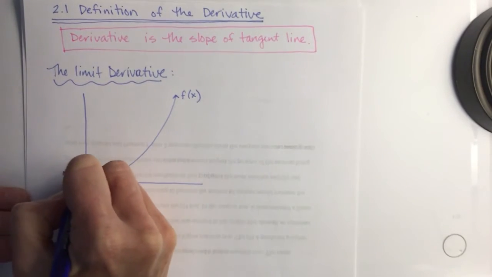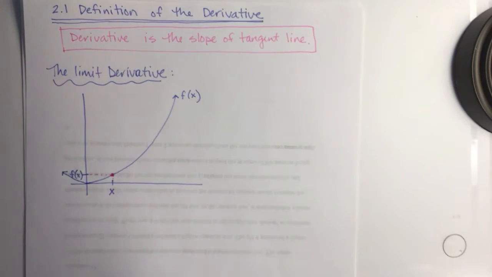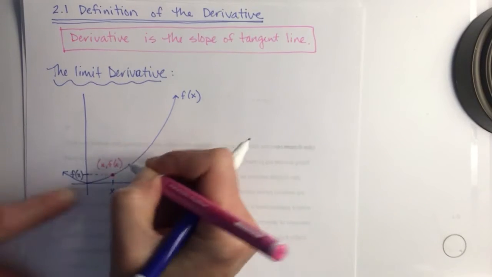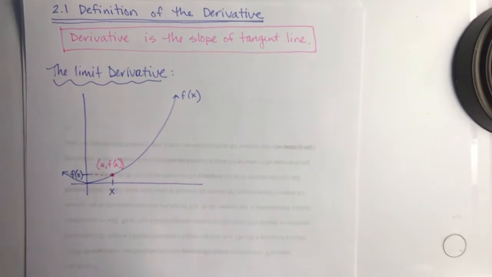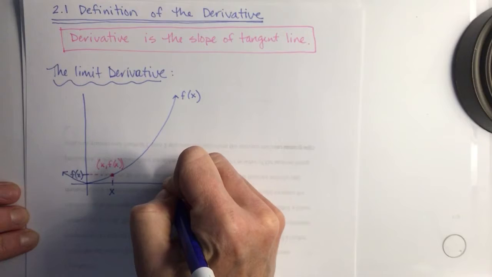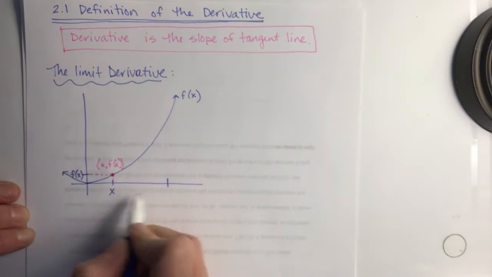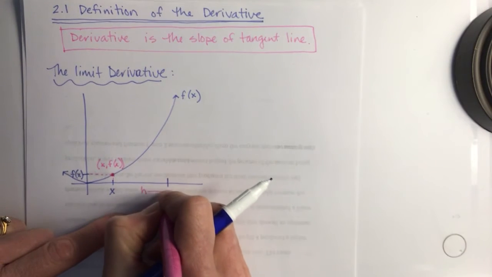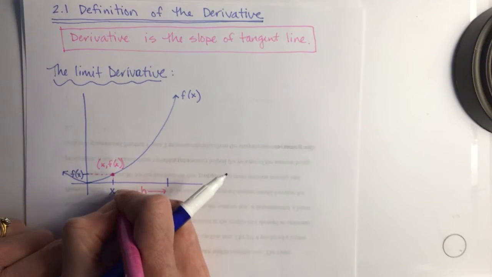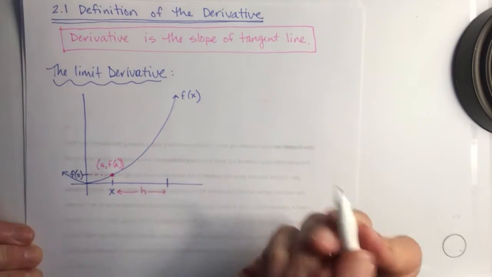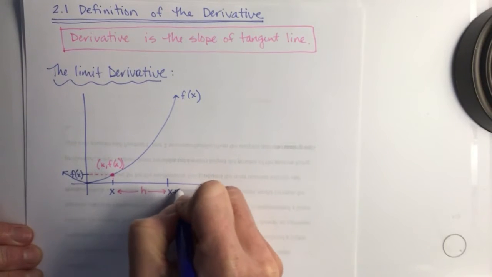That's what we called it, f of x. So this point here is x comma f of x. Just a point, any point on the graph. Now I'm going to pick some point away from it, and we're going to call this distance away h. So this distance here from x is h, and that makes this point x plus h.